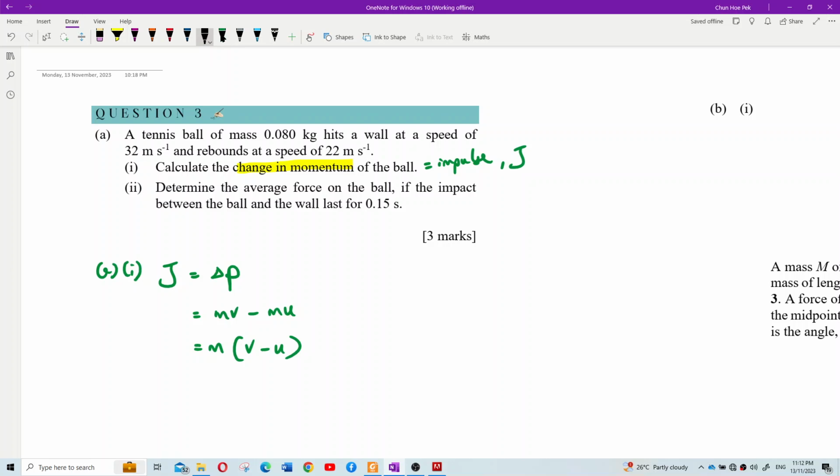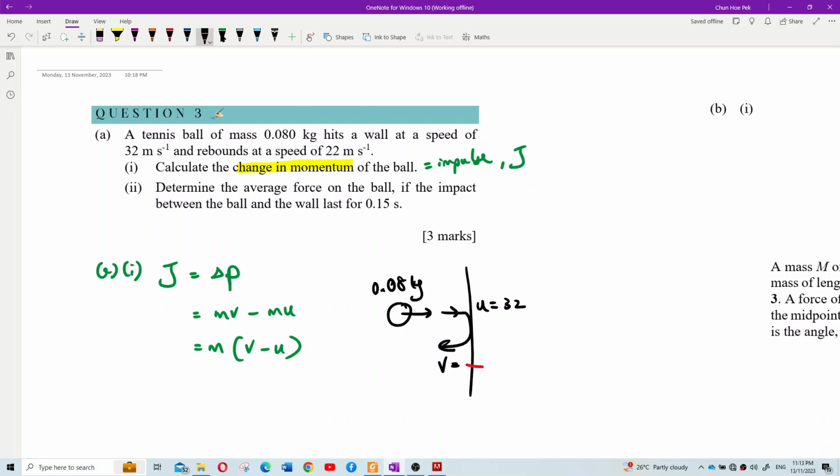Let's draw the diagram first. So this is the wall, and a tennis ball is coming. The mass is 0.08 kilogram, hits the wall and rebounds. So the initial velocity is 32, and it rebounds, so the final velocity v. Rebound means it changes direction, goes to the left, negative already.